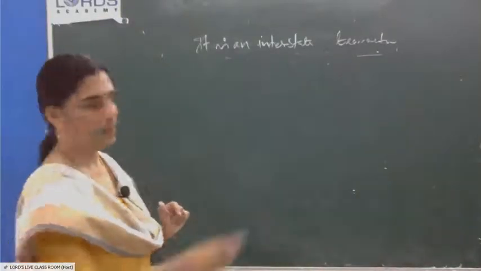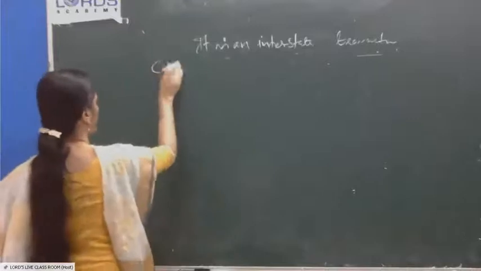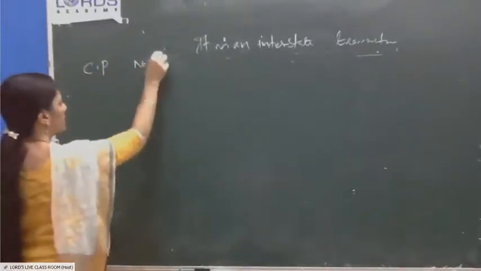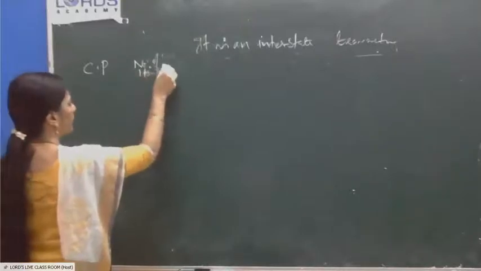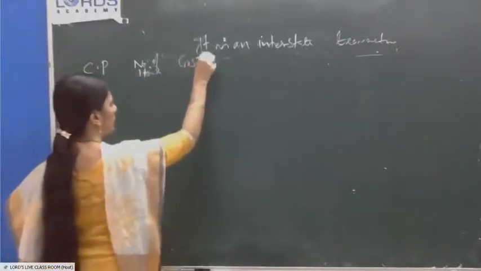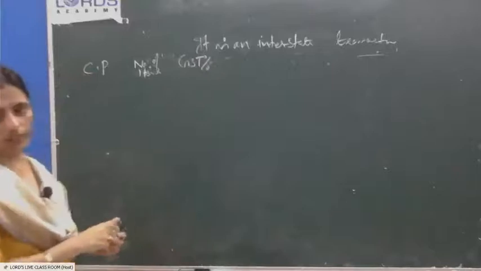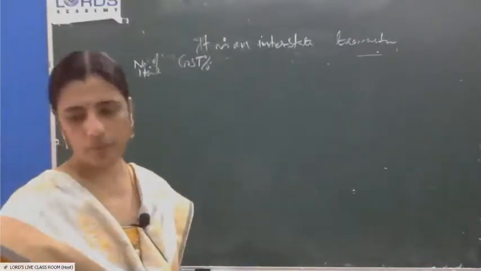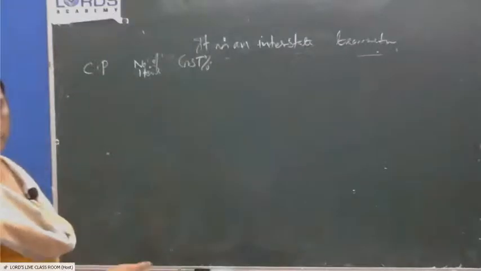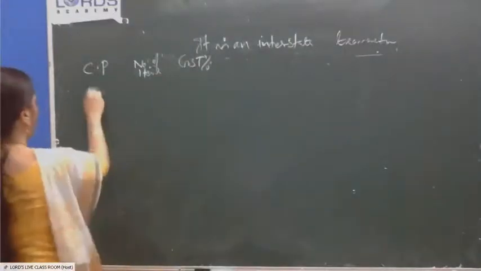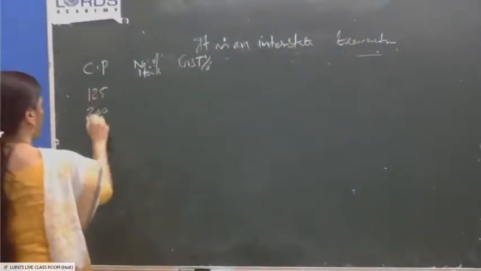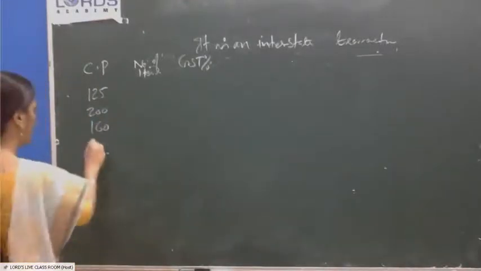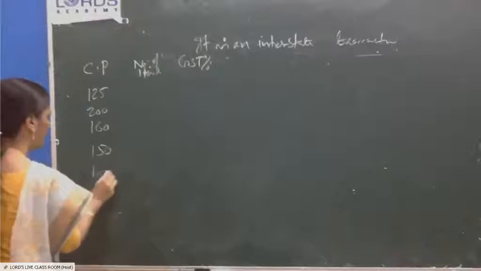Quick. Cost price, number of items, and GST percentage. That is also different. So we have to prepare the table. Okay. Cost prices 125, 200, 160, 150, 180.